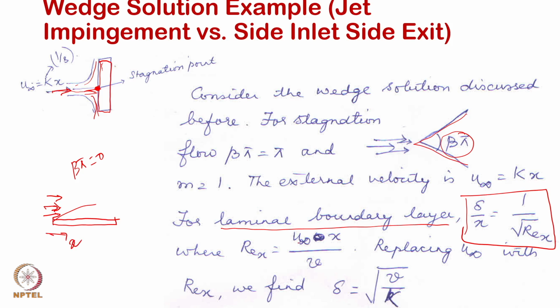Here u infinity is the free stream velocity that is entering the domain, x is this direction, and nu is the kinematic viscosity, that is dynamic viscosity divided by the density.